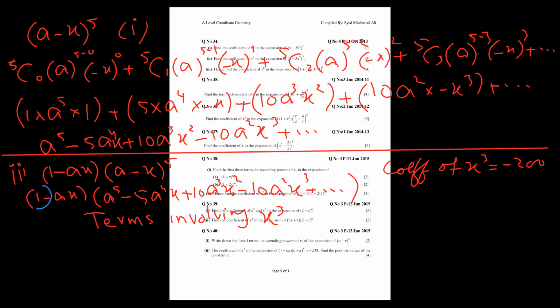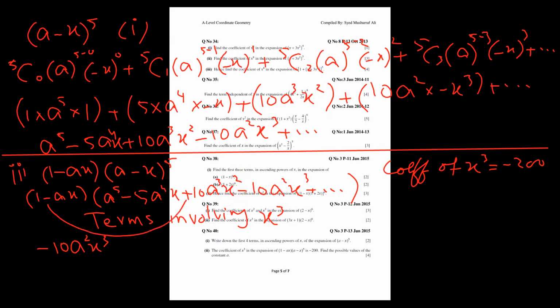So this number 1, multiplied with this term, I will get x cubed. So I'm writing here negative 10a squared x cubed, because 1 times this gives me that one. Next, the x term multiplied with x squared gives x cubed. Let's try that. Negative, this whole thing, be careful about signs.